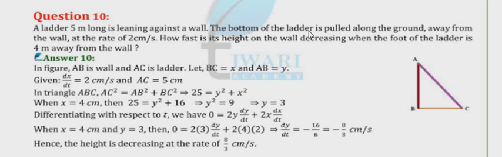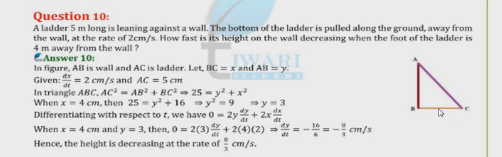The bottom of the ladder, this point C, is pulled along the ground away from the wall, at the rate of 2 cm per second. If this distance BC you take x, and this distance AB you take y, and AC is already 5 meter, right?